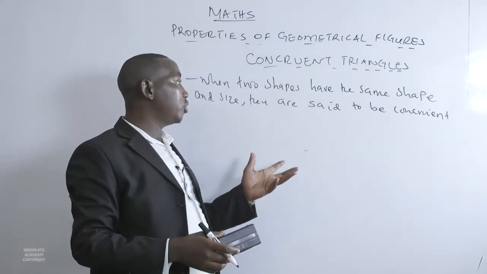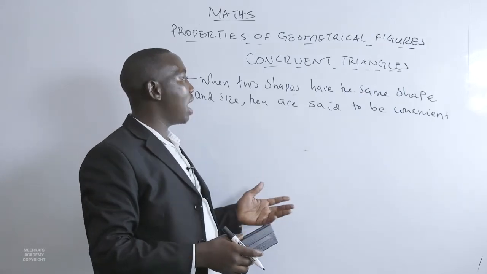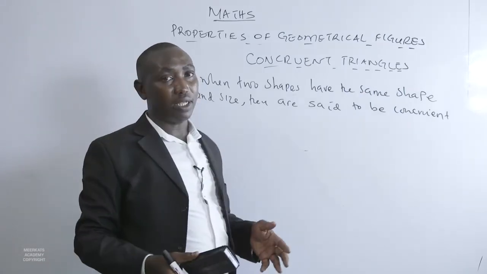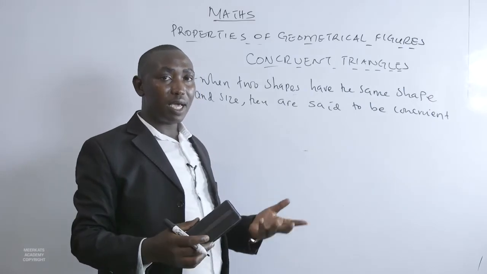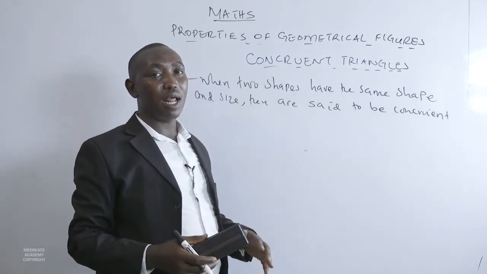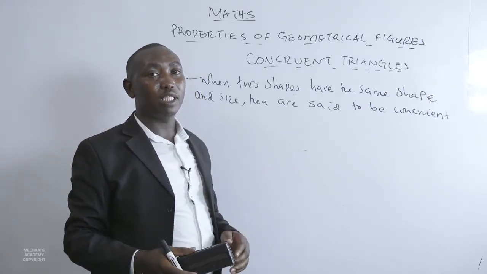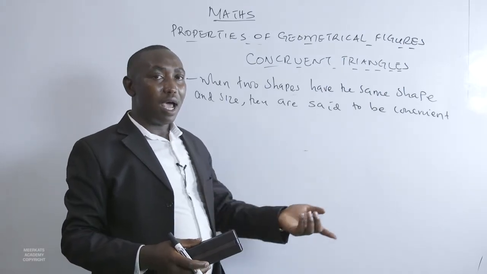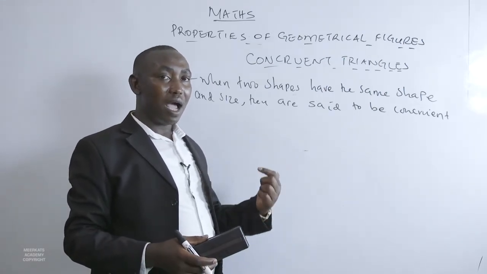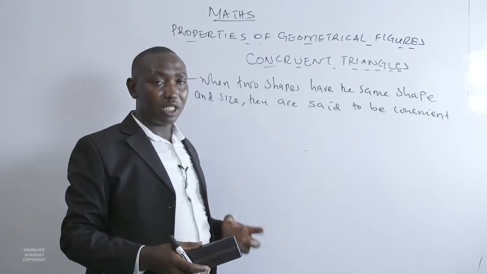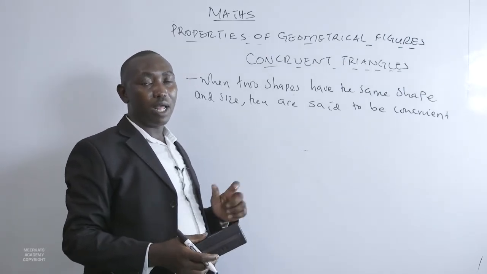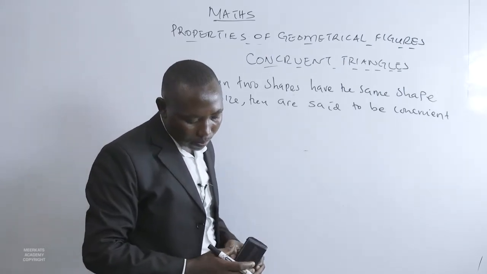And for them to be equal in shape and also in size, all the sides encompassing that particular shape or figure must be equal to the other one. At the same time, the angles inside those two shapes should correspond and they should also be equal.